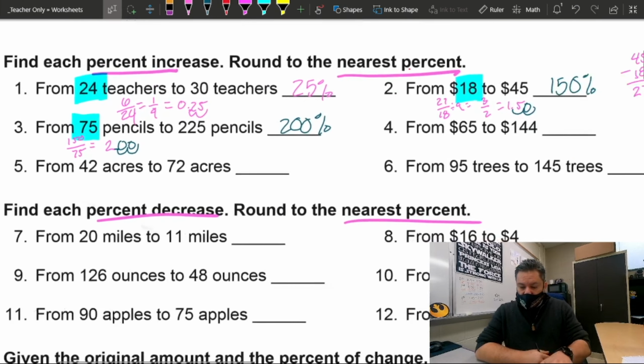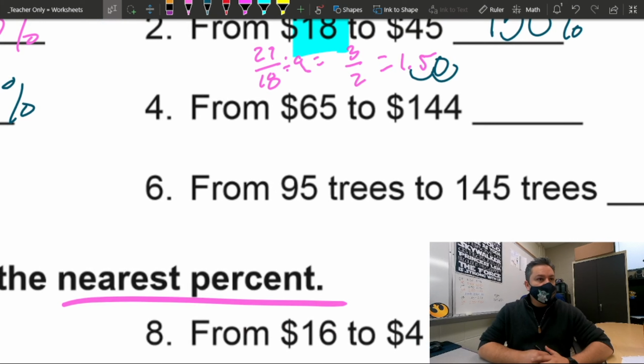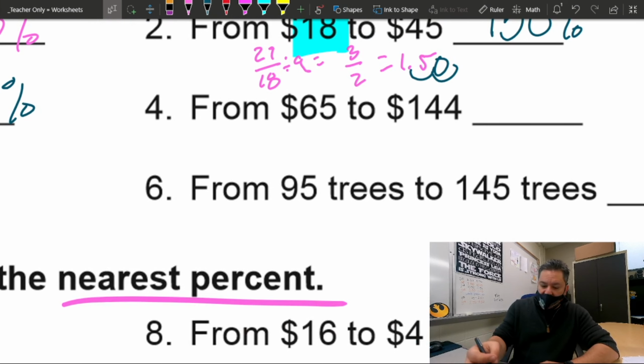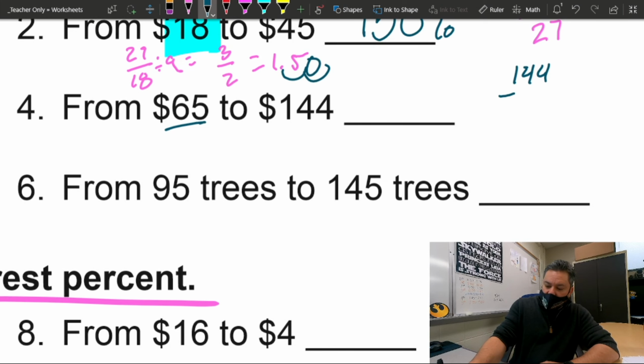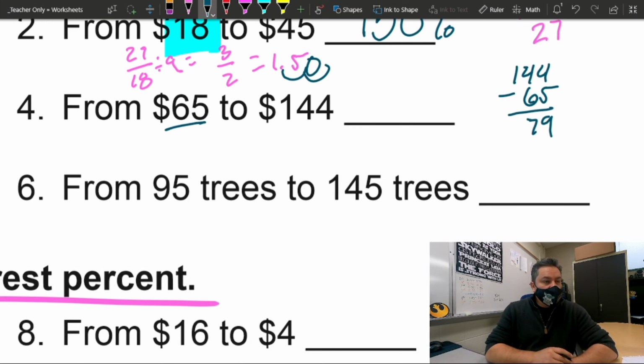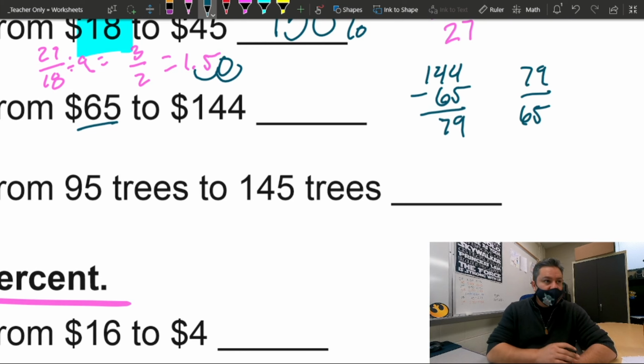All right, number 4. Which one is my original? 65. Very good. So we're going to subtract 144 minus 65, and we get 79. Again, we're going to divide that by the original. Remember, the original always goes on the bottom. So 79 divided by 65.